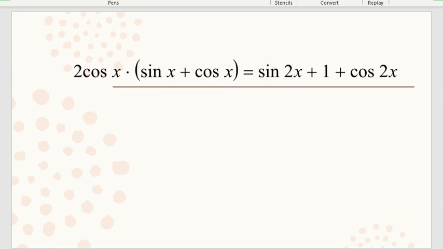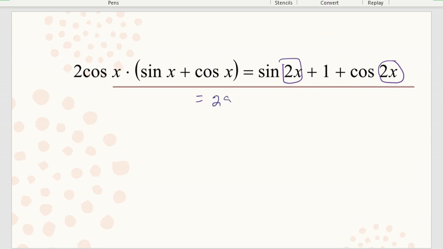All right, last one, I think. Yes, our last one. I've worked this from both sides, and I don't know if I have to be any more creative, but this one has both sine of 2x and cosine of 2x. So I'm going to show you how it works using the right-hand side.